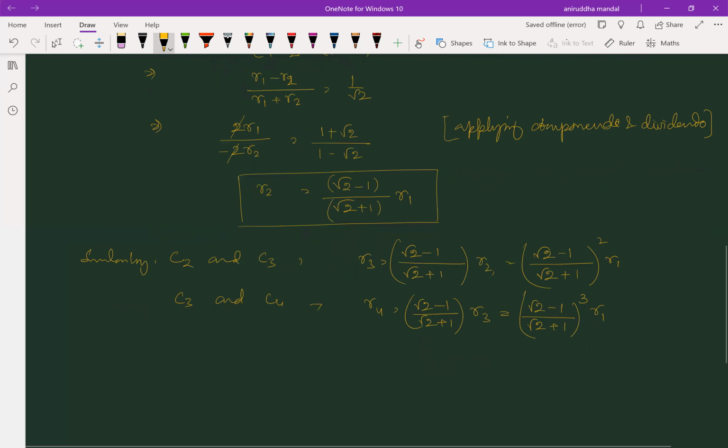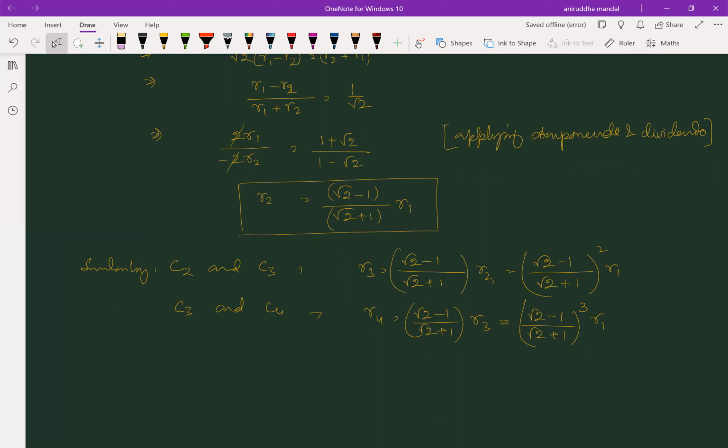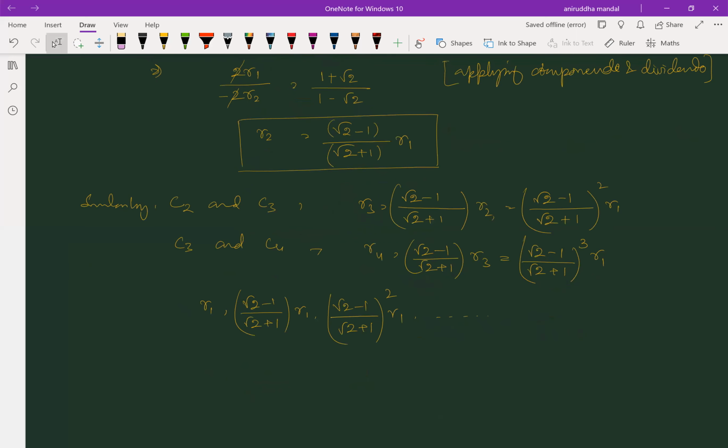So you can clearly see this is basically forming a GP whose first term is R1, second term is this factor times R1, third term is this square times R1, and so on, going till infinity.